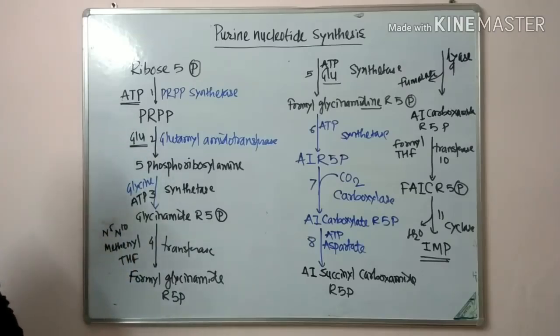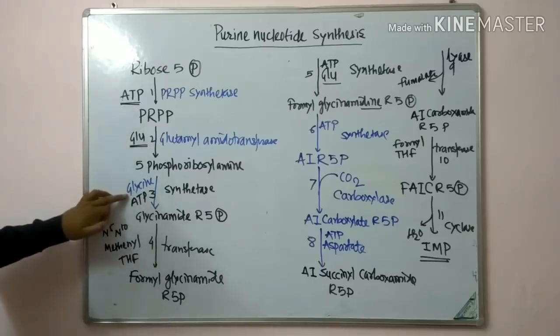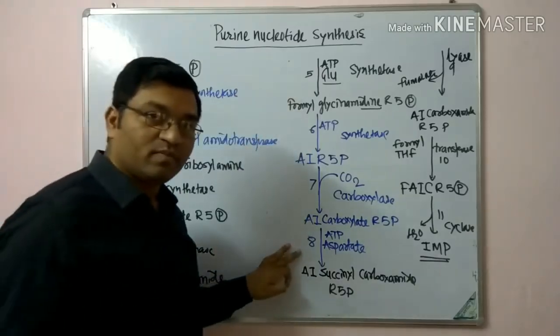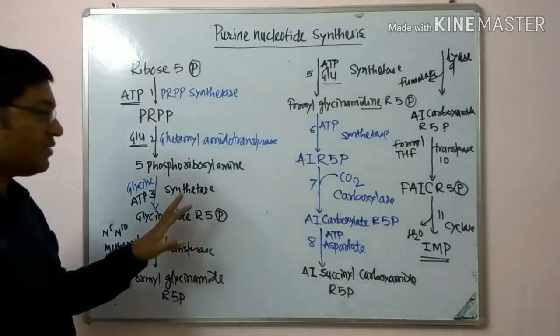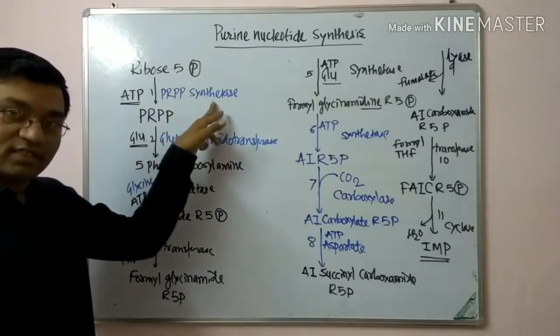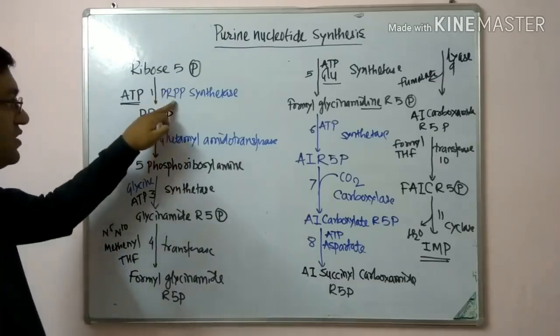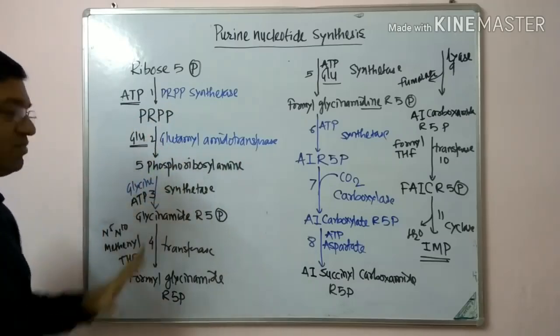Now summarizing this, in the first, third, fifth, sixth and eighth step, there is addition of an ATP molecule. So the enzyme in these steps is synthetase. Then these two enzymes, PRPP synthetase and glutamyl amidotransferase, are important regulatory enzymes in this pathway.